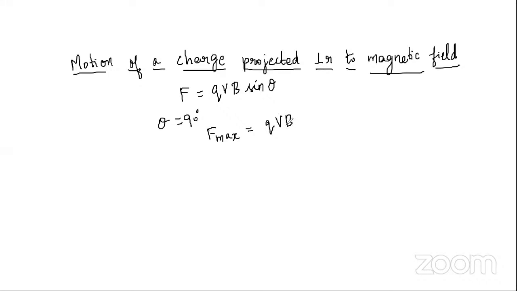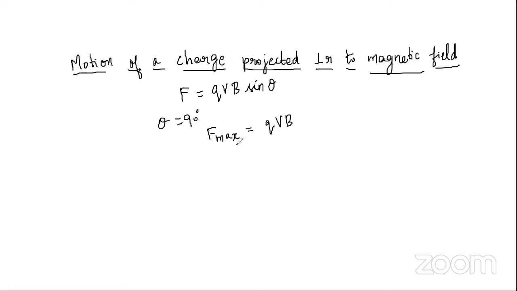So what happens now is the charge moves on a circular path due to this force. That means when the charge is moving with the velocity perpendicular to the magnetic field, the magnetic Lorentz force will cause the charged particle to move in a circular path, perpendicular to the field.